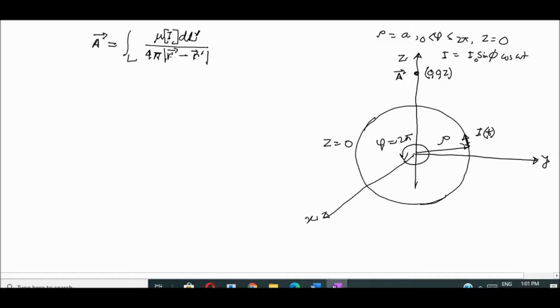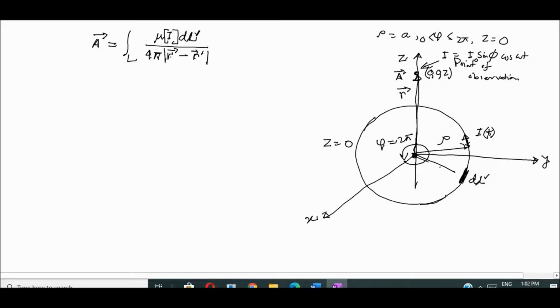So let me find R first. R is the position vector from the origin to this observation point. So this is the point of observation. The position vector from origin to this point is R, and the position vector from origin to any point on this line, let us think this is my differential element, dl prime.